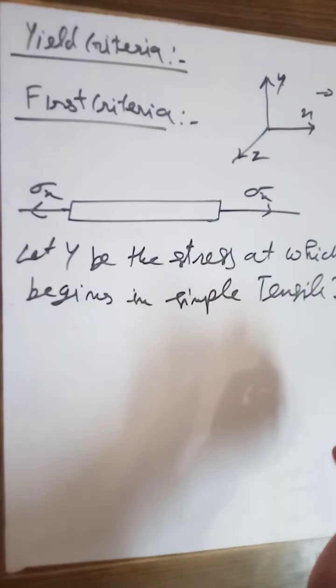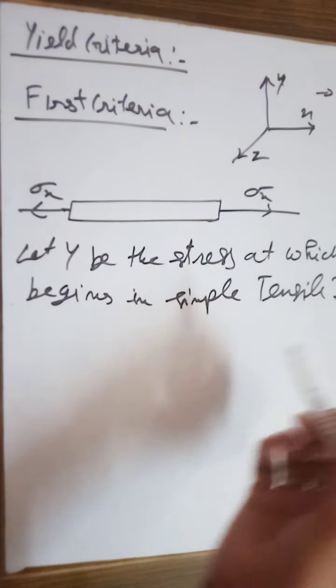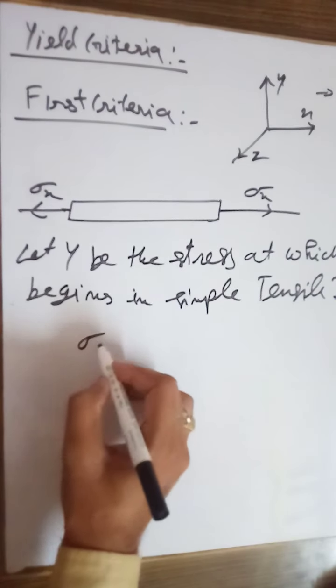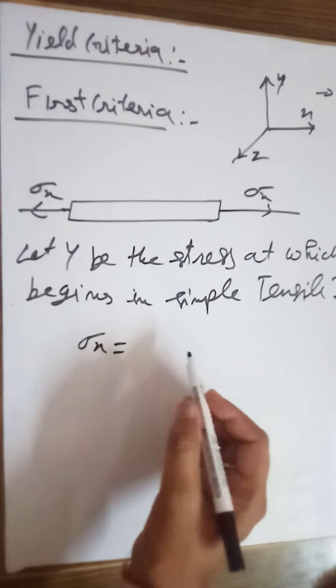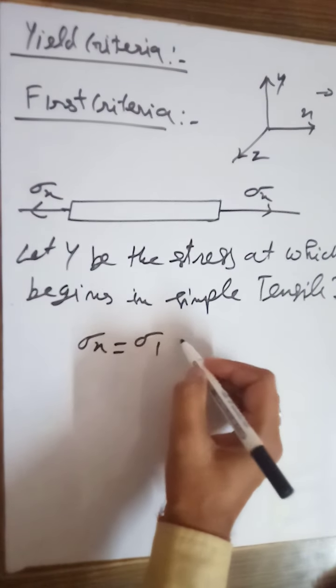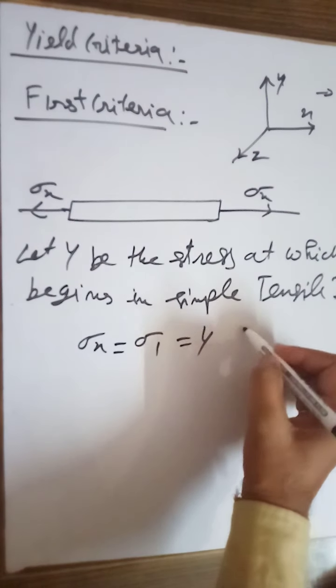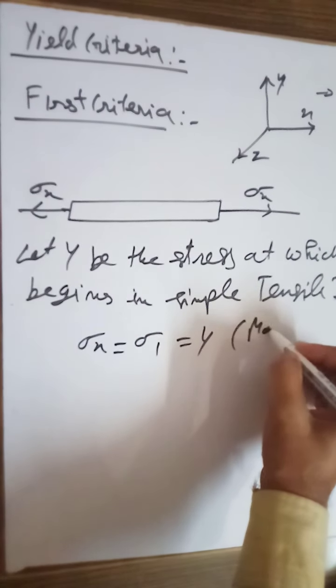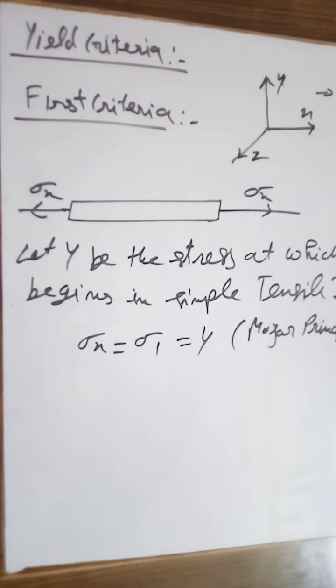For the 1D tensile test, sigma x, which is the major principal stress, can be written as sigma 1, equal to sigma y that we have considered.